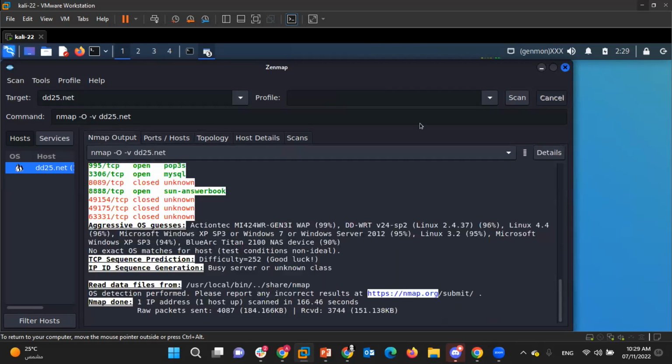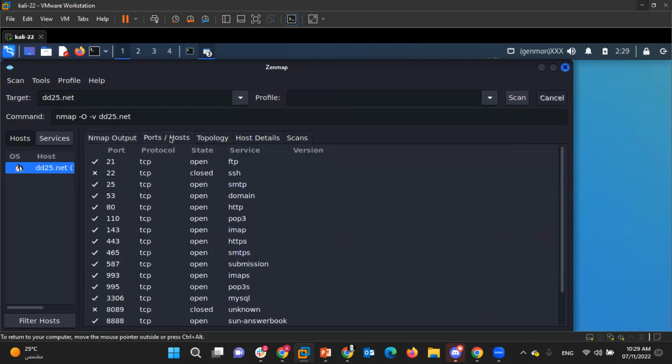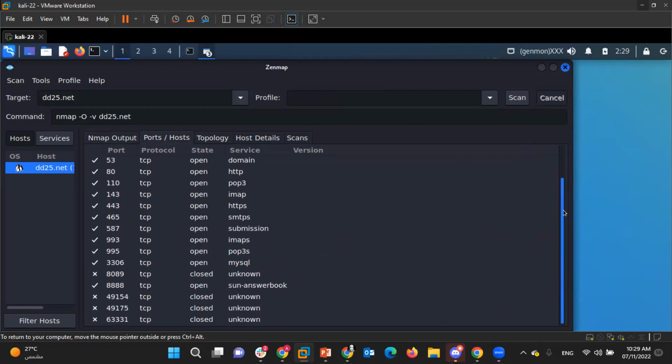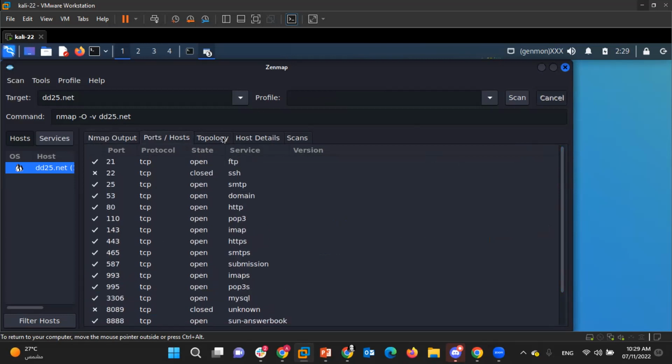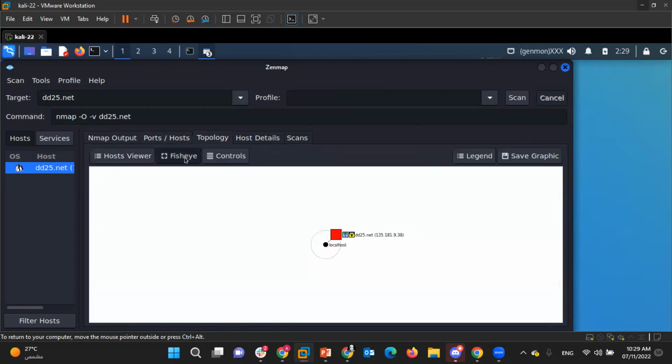So let us go to this one, because this is completed. I made it before. All of the ports are scanned as regular. You can find here, this port is closed, and all of these are open. Many services are used.